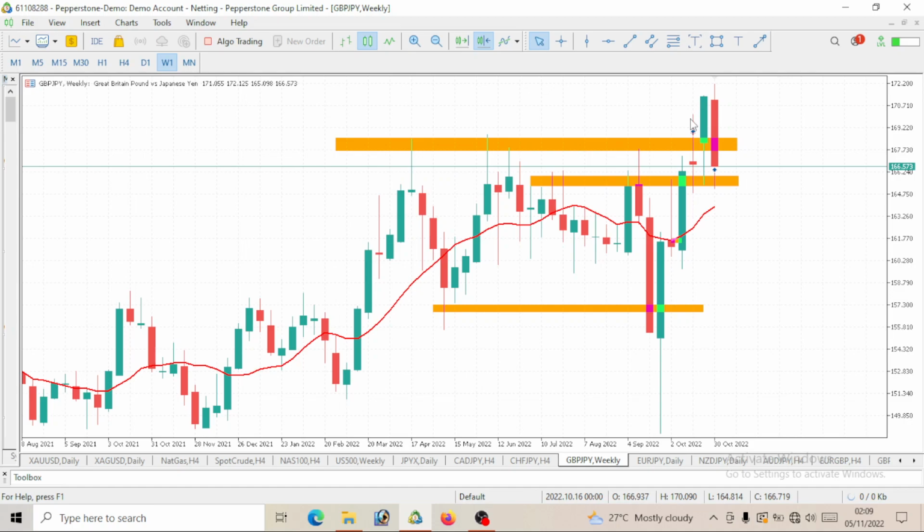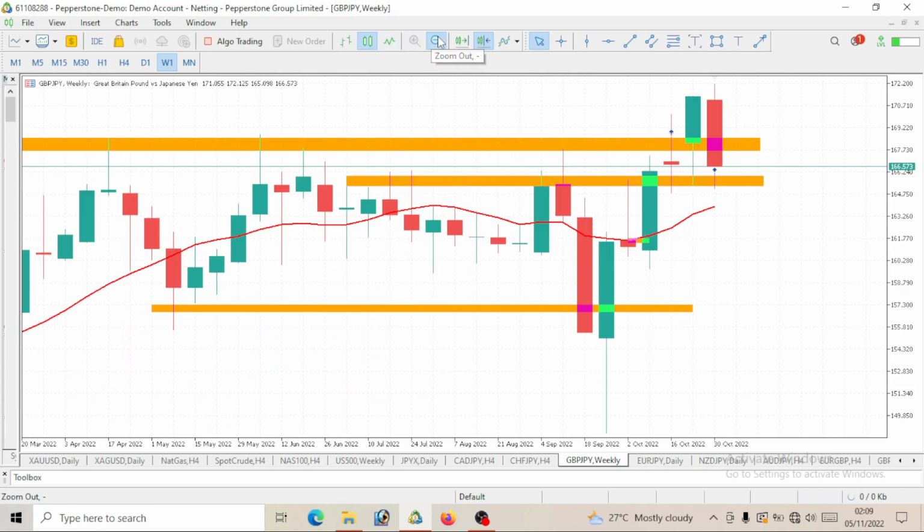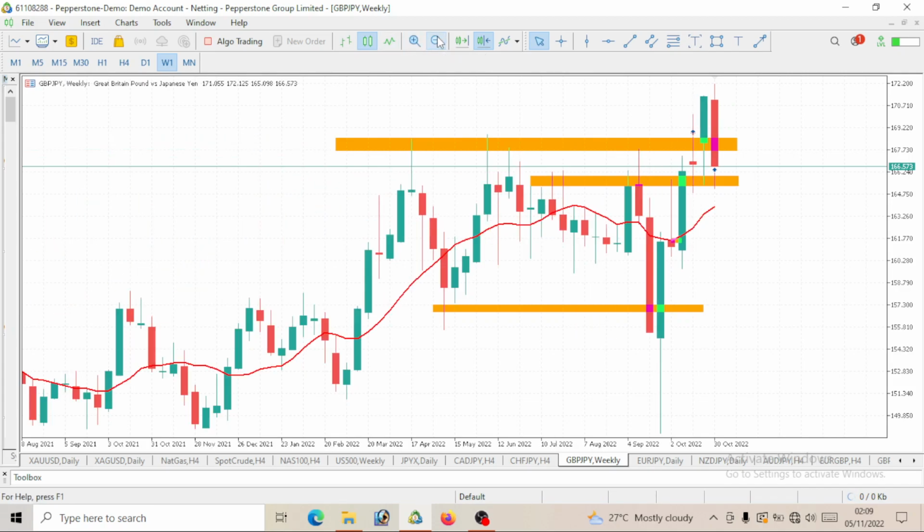That itself should push the currency up. That means we should see a bullish move on our GBP pairs throughout this week that we are predicting for an upper week. So just have that in mind, that GBP itself will give us a bullish move.